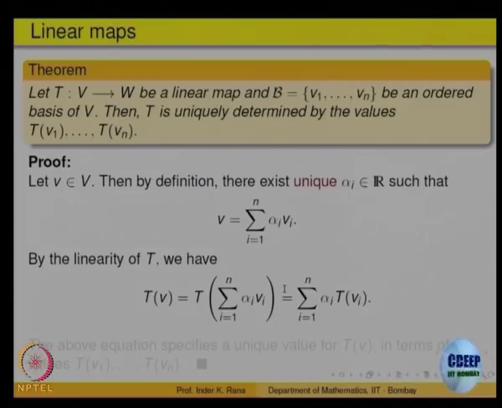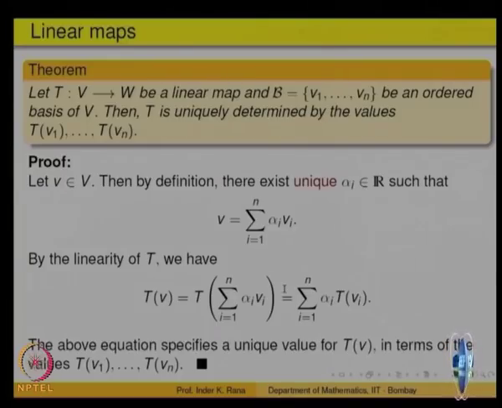So, this equation specifies that unique value for T of v in terms of the values T v_1, T v_2, ..., once you fix them. This is very important. We say that to know the value of T on any vector in the vector space, you have to know only the values on the basis elements. That is what is important.